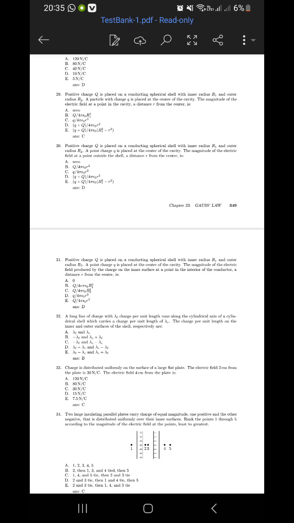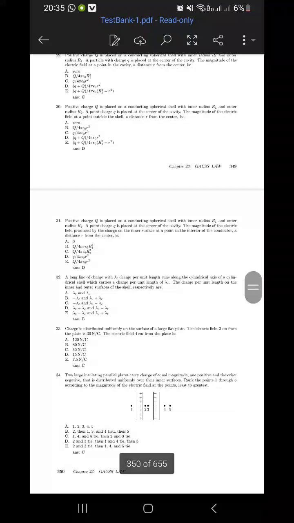Positive charge Q is placed on a conducting spherical shell with inner radius r1 and outer radius r2. How does this differ from the last question? But anyway, the answer is small q divided by 4 pi epsilon-naught small r squared.